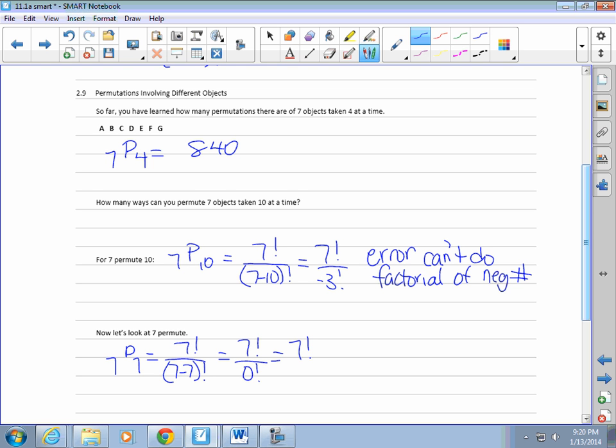So if you put that in your calculator, what you find is 0 factorial is 1. If you take 0 objects and arrange them, you have only one way of doing it. If you take nothing, there's one way to arrange nothing. So 0 factorial, kind of like any number to the power of 0, always equals 1.